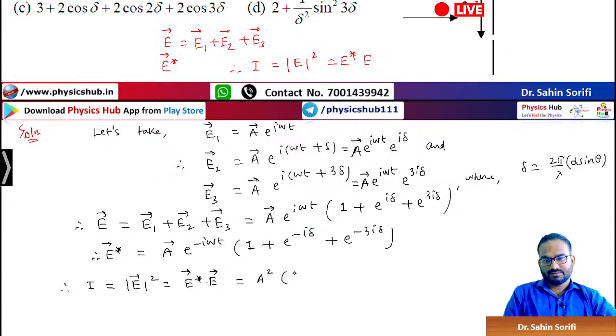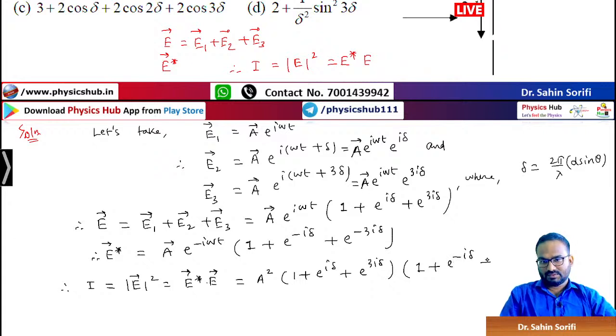So you are left with (1 plus e to the power i delta plus e to the power 3i delta) multiplied by (1 plus e to the power minus i delta plus e to the power minus 3i delta).